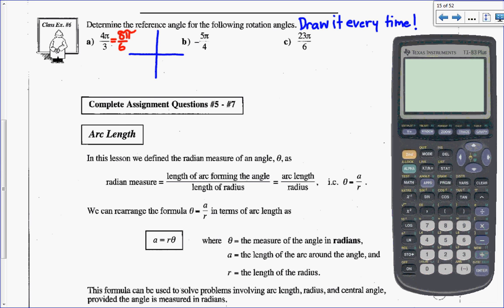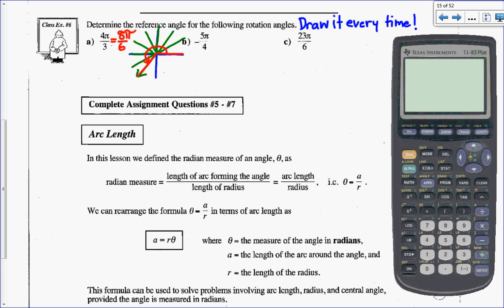So let's count around until we get to 8 pi over 6's. 1, 2, 3, 4, 5, 6, 7, 8. Okay, I'm going to put an arrow on the end of that last line so that I remember that my angle actually started here, and this is the terminal arm of my angle where I ended. Okay, so my angle is actually this angle right here.